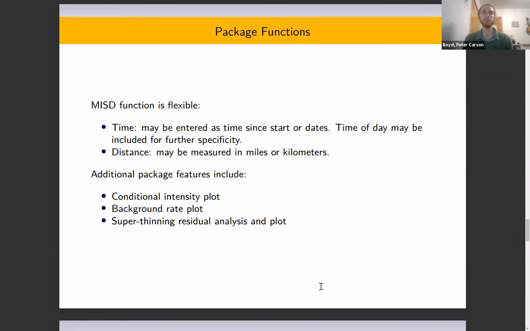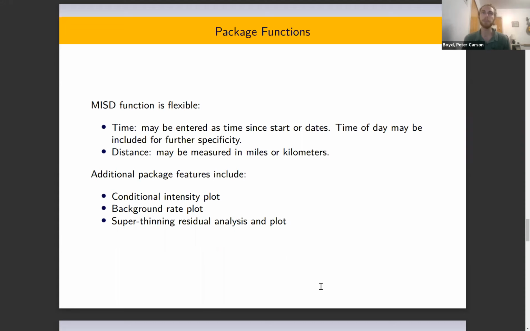In addition to what I've talked about thus far, the package, as well as the MISD function in particular, is quite flexible. As I noted earlier, in the data used here the time recorded is the time elapsed since the beginning of the catalog, but if the data allowed, we could have used the actual dates as well as the time of day for further specificity.